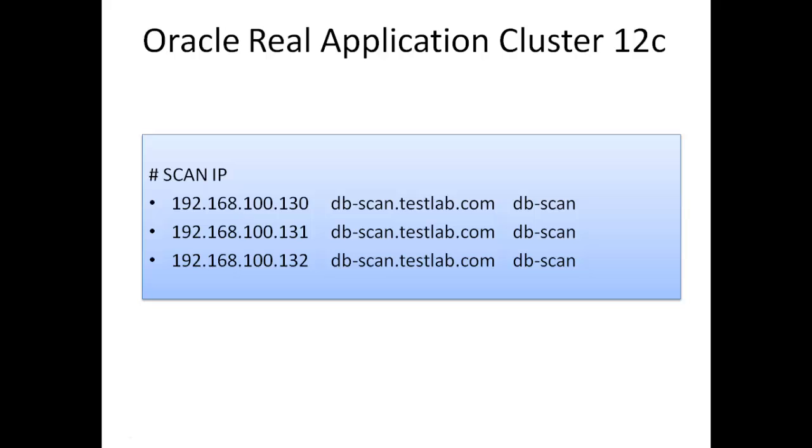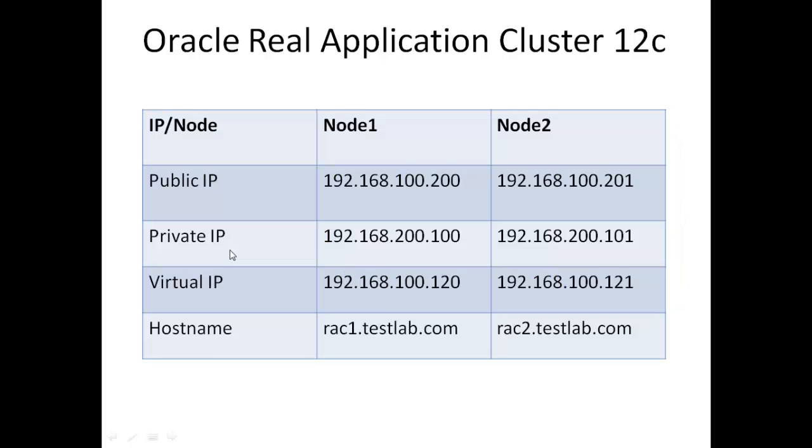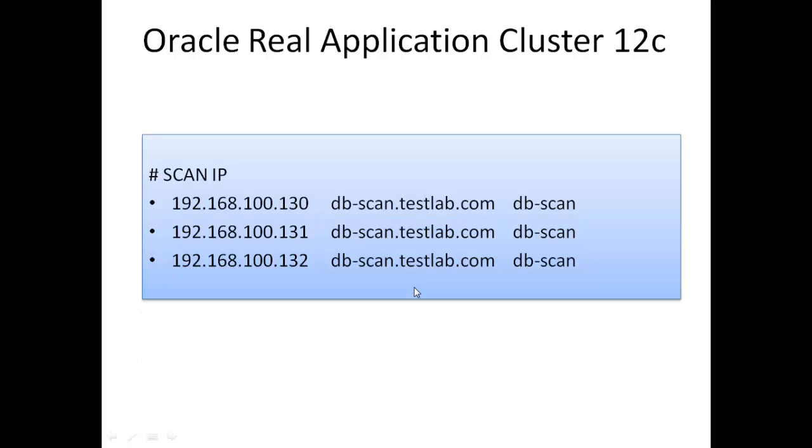Here I have mentioned the same name, db-scan.testlab.com, for 3 IPs. Notice that 192.168.100 and 130 are in the same network as the public and virtual IP. You see, the public IP is also 100, the virtual IP is also 100, and the SCAN IP is also 100.